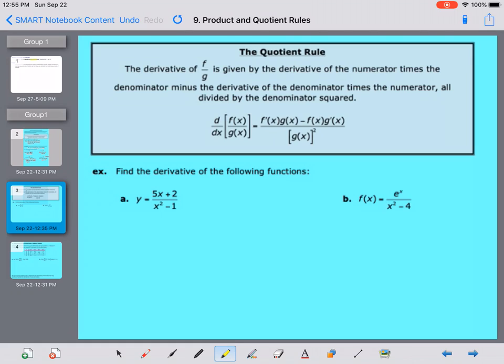So for example, if I have y equals 5x plus 2 over x squared minus 1, I can take the derivative using my quotient rule.